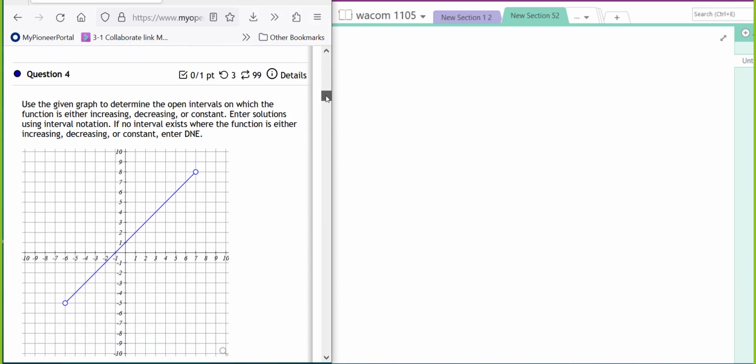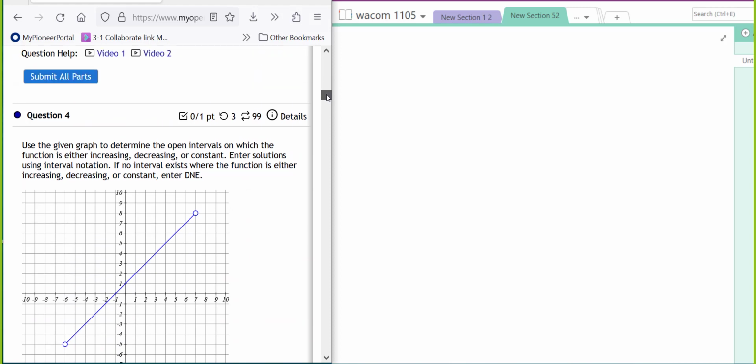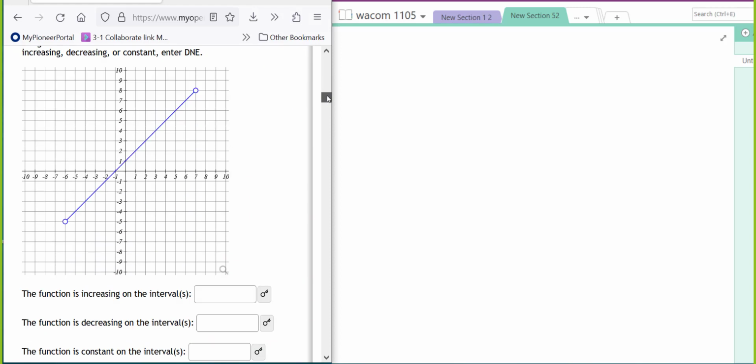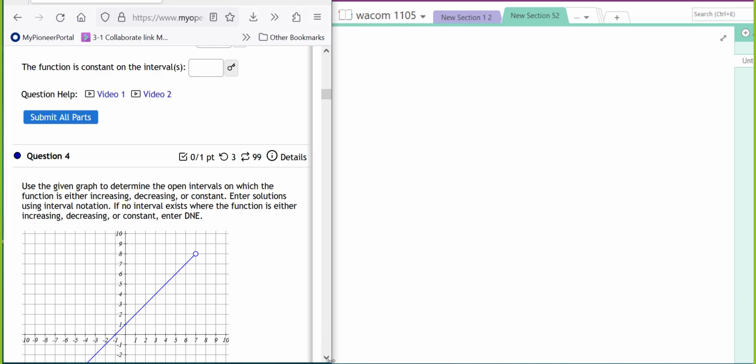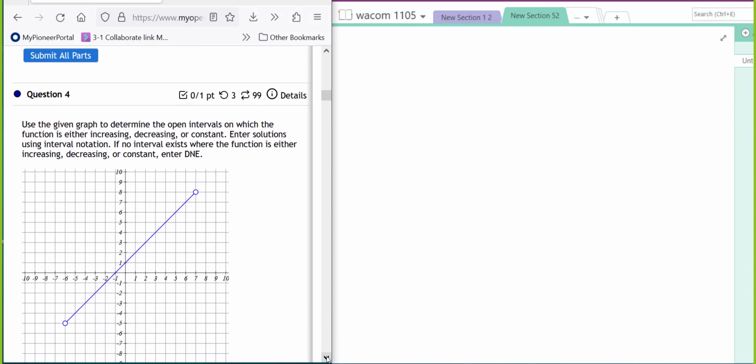All right, so then I went to 4. And I don't know really why I picked this one. It is only increasing because as you go from left to right, it is climbing. So it is only increasing. The others are going to be nothing. It starts, sorry, I'm having a little trouble seeing some of these.